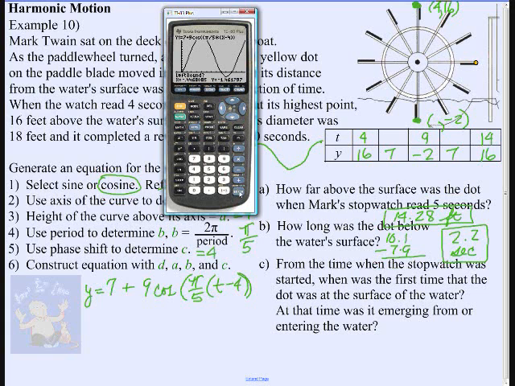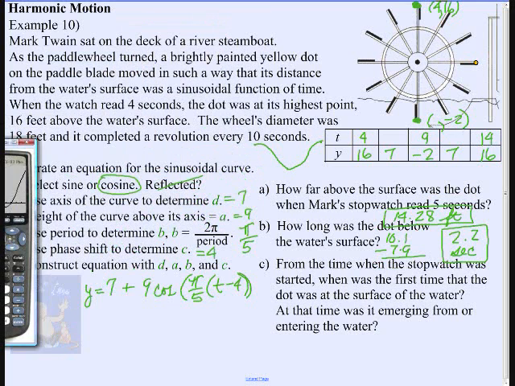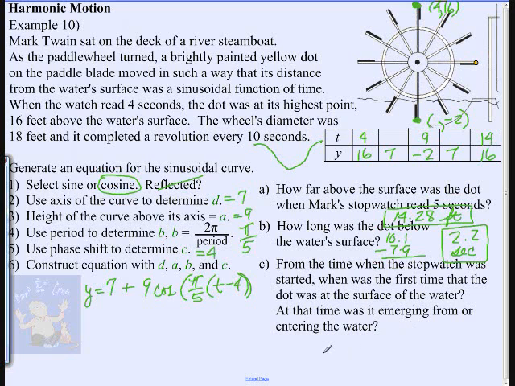Left bound, I have left bound. Now let's do right bound. I need to go beyond the 0. Guess, yes, please guess. That was at 0.08 seconds. Wasn't even 1 second yet. So at 0.08 seconds, it was emerging from the water.